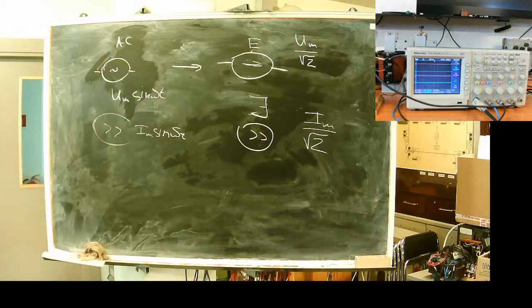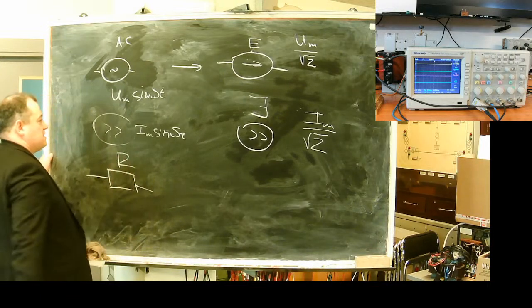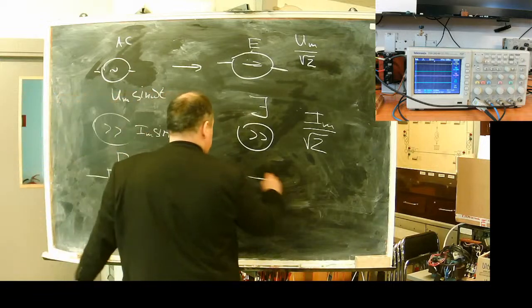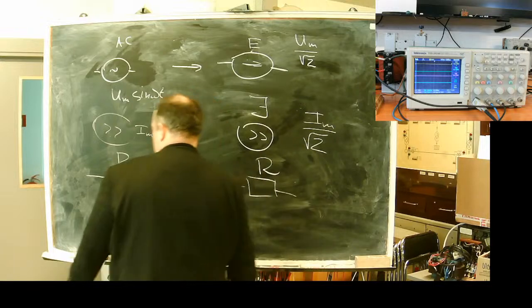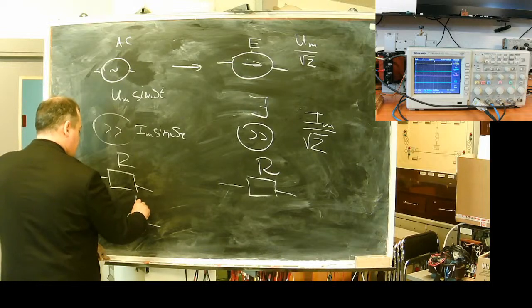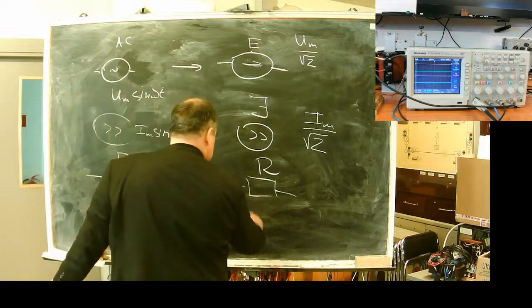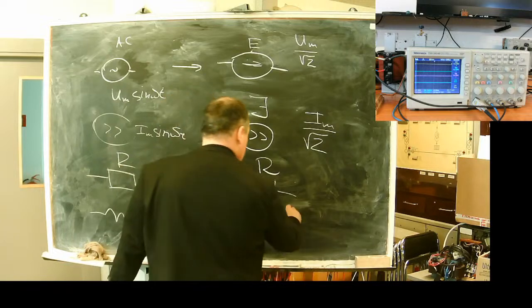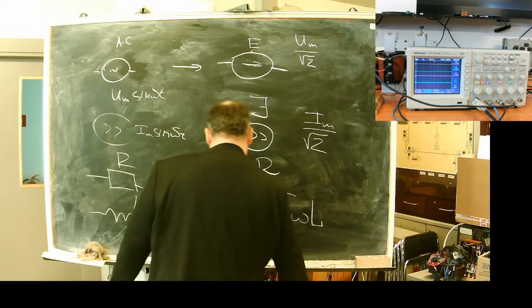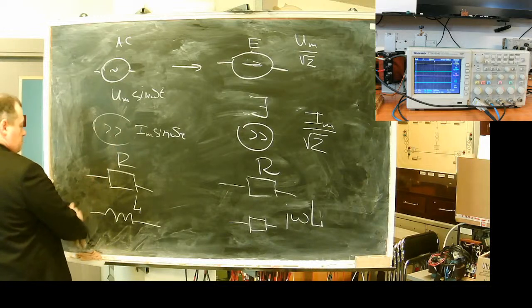Effective value. But this is for sine, be careful. Resistance will be resistance. A coil with inductance L, replace it with resistance jωL.